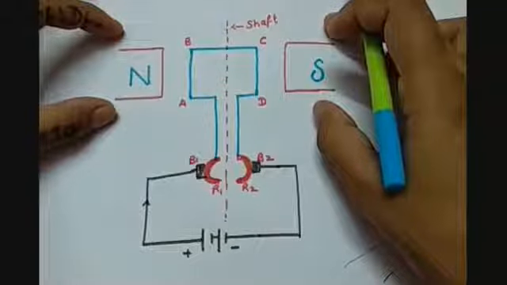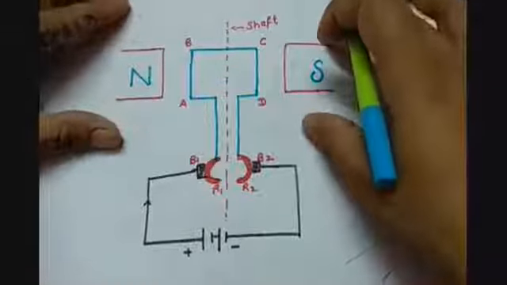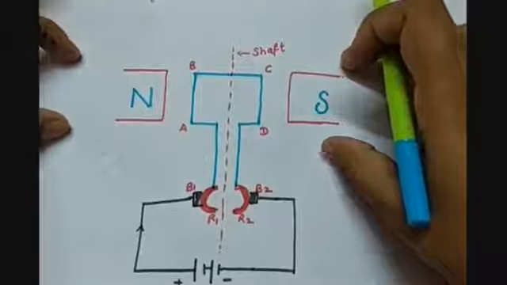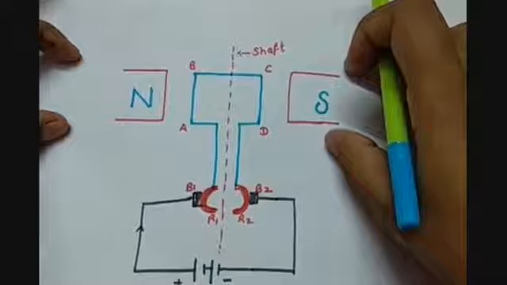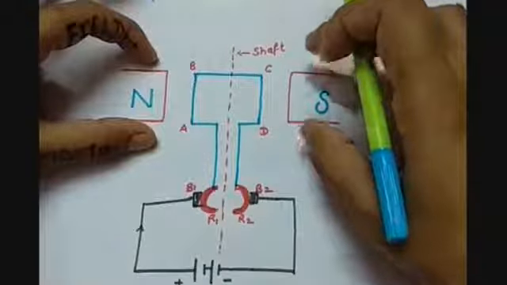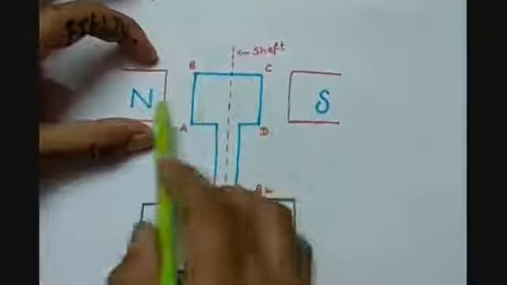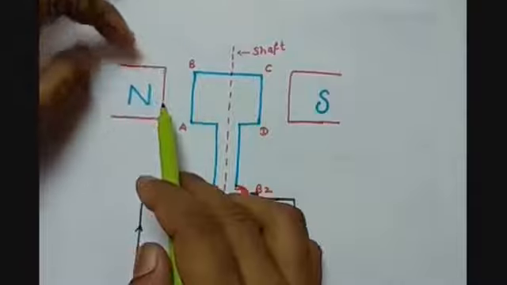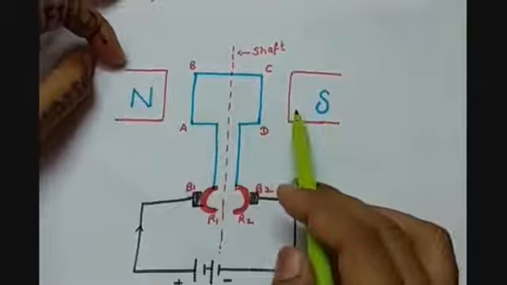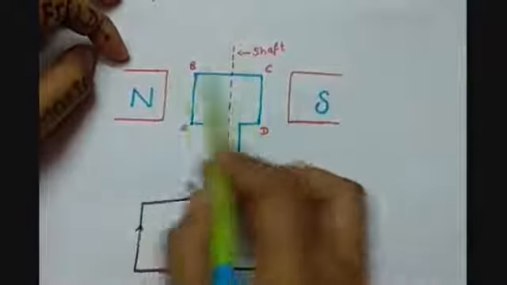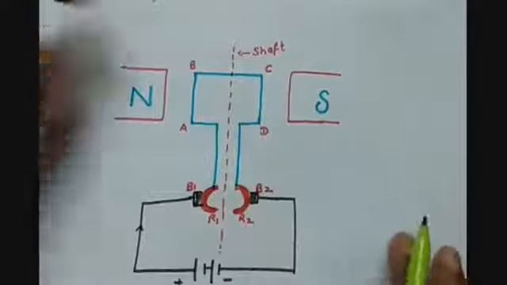You can take a big horseshoe magnet which can produce a strong magnetic field, or you can take two bar magnets placed in such a way that the north of one is heading towards the south of the other. This way they will produce a uniform magnetic field, because the field lines emerge from the north and enter the south, and when this distance is kept short, these lines will be almost straight.